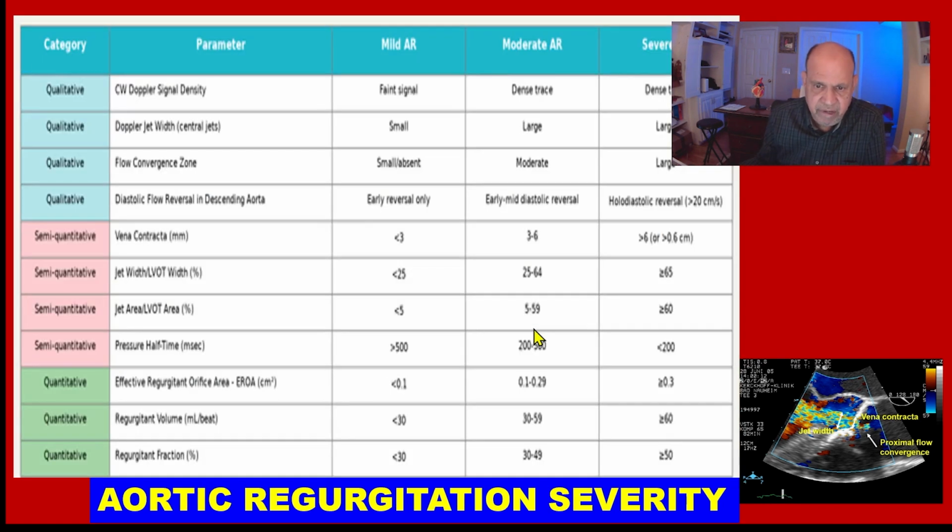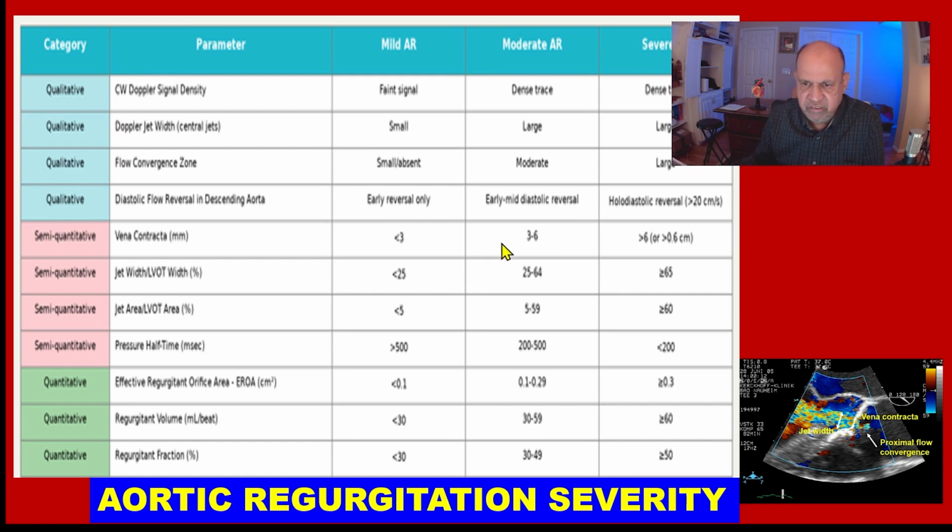Here's another table which looks at many more parameters. I've covered many of these things in the other slide. As I said, the regurgitant fraction, the regurgitant volume, and the effective regurgitant orifice area, or EROA. So all these parameters, you just have to look at these often and go through examples and determine the degree of aortic regurgitation.